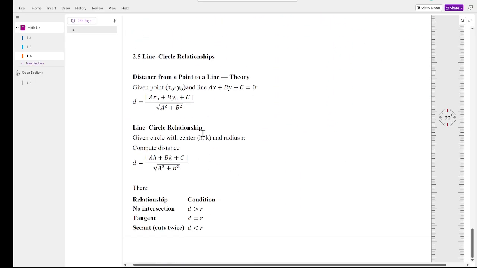Now we're talking about line circle relation. Now we find the distance from a point to a line.